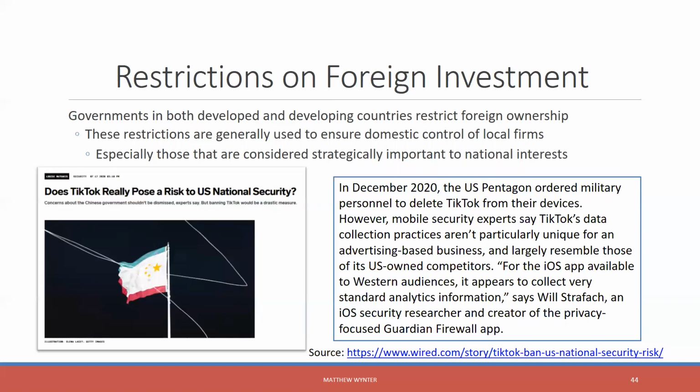In December of 2020, the US Pentagon ordered military personnel to delete TikTok from their devices. However, mobile security experts were pretty clear that the user agreement for TikTok is not that different at all from any of the data collection that are found for many of the other apps that are on people's iPhones and Androids, etc. So what's the punchline?